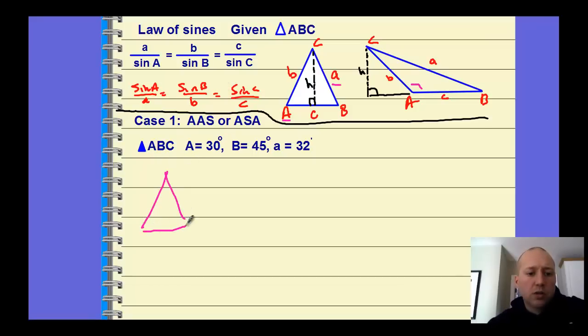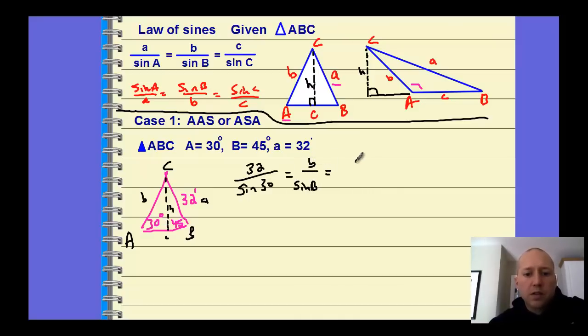I draw a triangle. So this one, if we set up our ratios, we could say that the 32 over the sine of 30 equals b over the sine of B, and then c over the sine of C. Oop, I put B in there. We know B is 45.